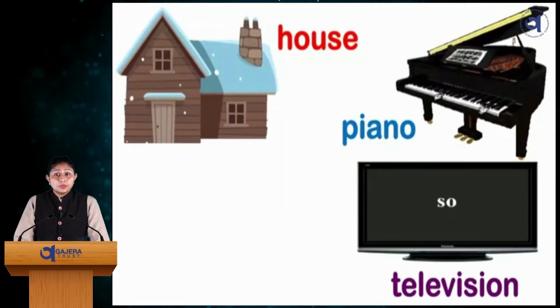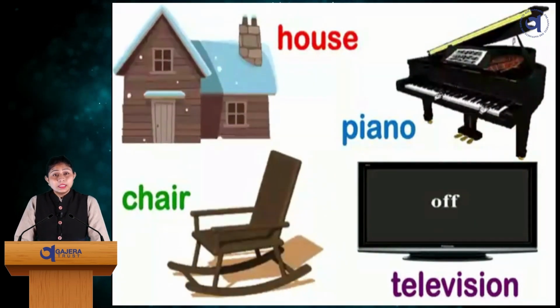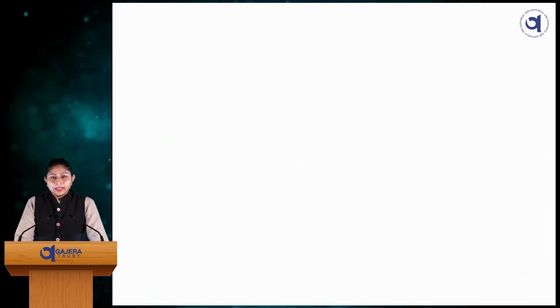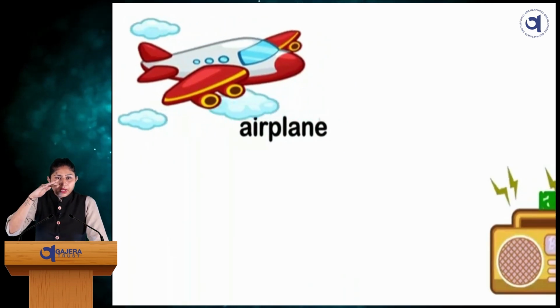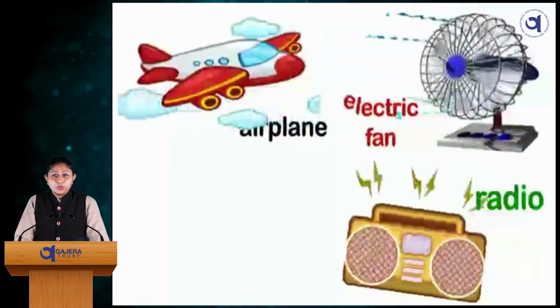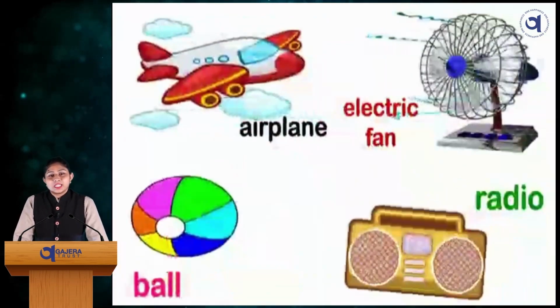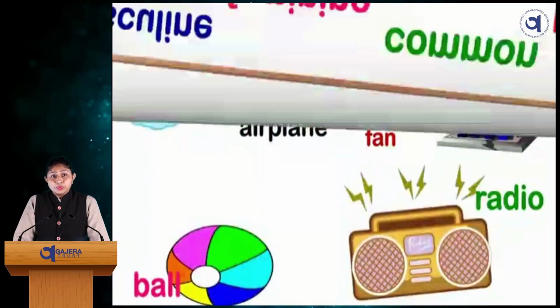House, piano, television, chair. All these come as neuter gender because they are non-living things. And some more examples: aeroplane, music, radio, electric fan, and yes, ball. So, are you getting my point? What is the neuter gender?